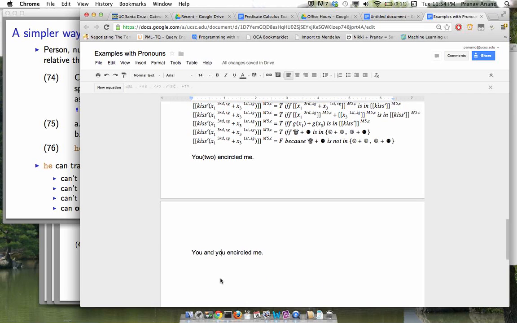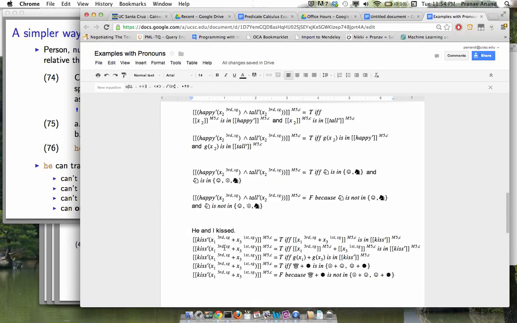So intuitively, in this case, I'm dealing with, okay, this is a 2-place verb, encircle, and I'm dealing with something that's here, second plural, and another thing that is first person singular. All right, we already know that has to be x3. That's why I left this there. So we know that. And so the question is, what is second plural?